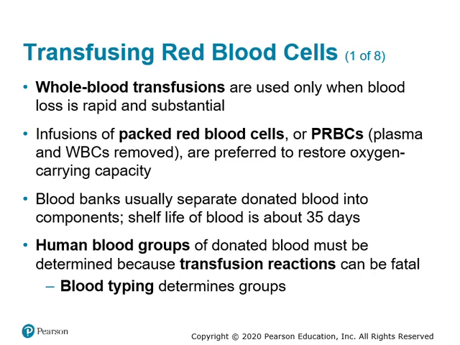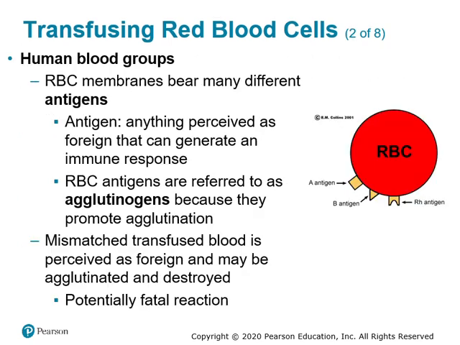So we can talk about that donated blood and talk about a transfusion reaction that can be fatal, but is a mistyping of blood. So the human blood groups are going to be established looking at red blood cell membranes, because they bear many different surface markers called antigens. An antigen is anything perceived as foreign that can generate an immune response.